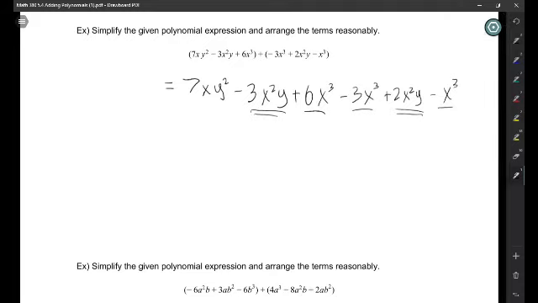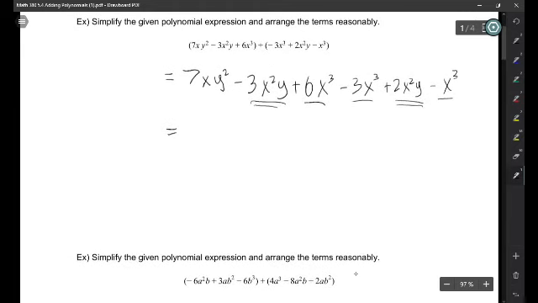So we rearrange them. Negative 3x squared y. Well, no, first we're going to put the 6x cubed, the x cubed terms. So 6x cubed minus 3x cubed minus x cubed.